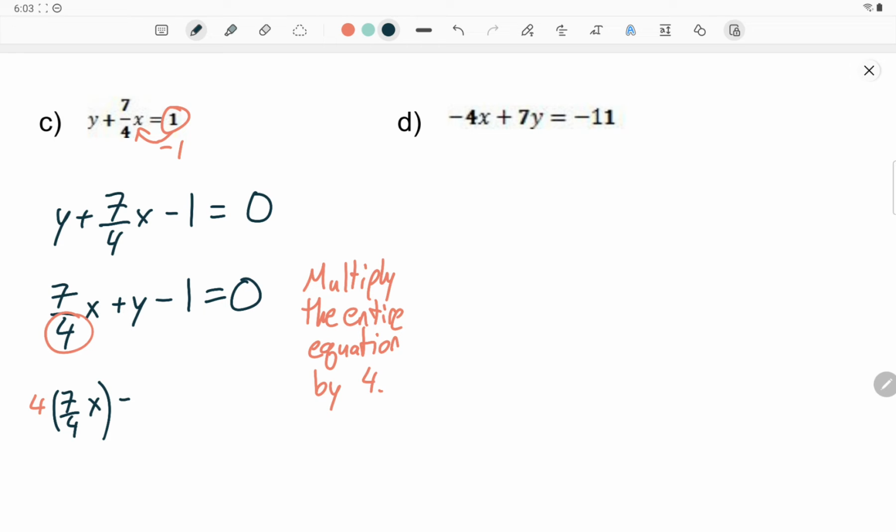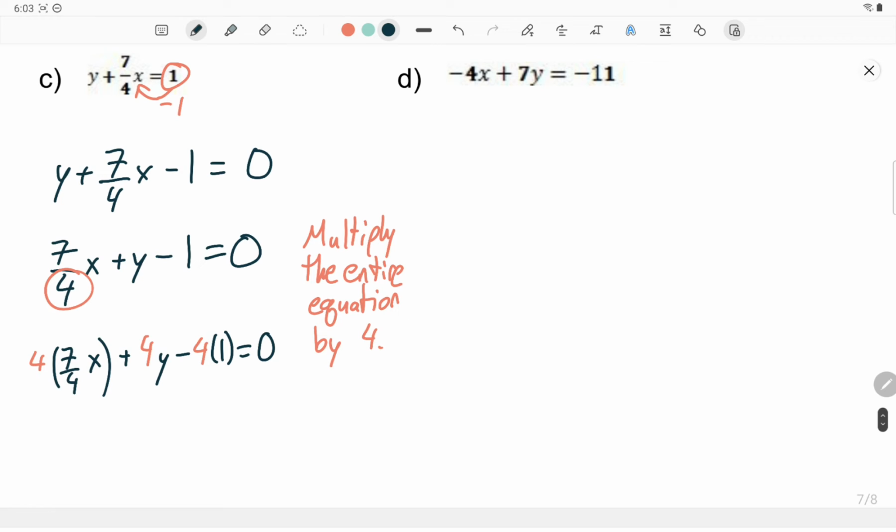We're going to do 4 times the y. And we're also going to do 4 times the 1. So every single part gets multiplied by 4. And even technically, you do 4 times 0, but 4 times 0 is just 0 itself.